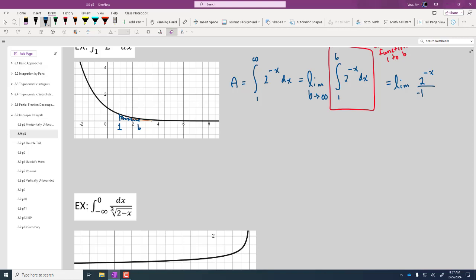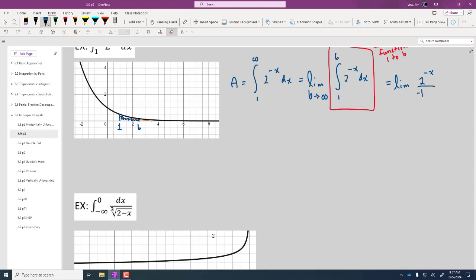We also have a modified base. The base is not e. Anytime we have a modified base for an exponential function, whether it's a derivative or an integral, we have to make a little tweak. Hopefully you recall, if we had the function y equals 2 to the x, what is its derivative? We first do the 2 to the x, and then we multiply by ln of 2. Exactly.